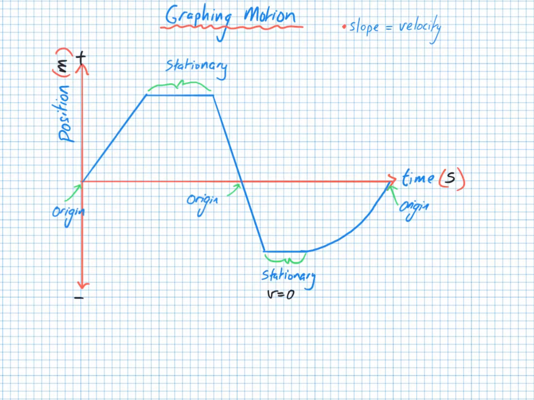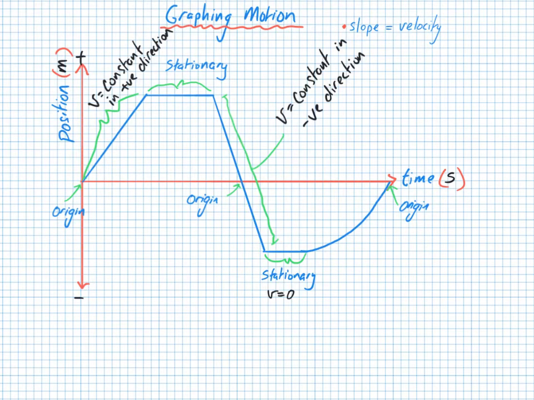We see 2 straight line segments in this graph. Here, a positive gradient. This represents a constant positive velocity, so away from the origin in the positive direction. Here we see a constant negative gradient, representing motion towards the origin and then away from the origin in the negative direction.